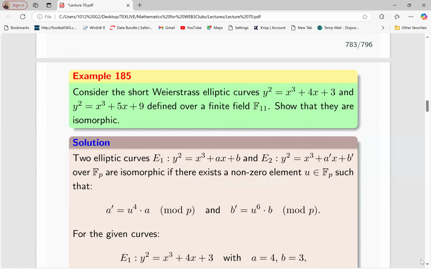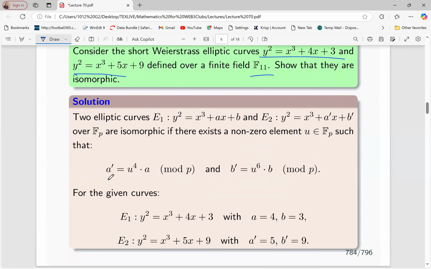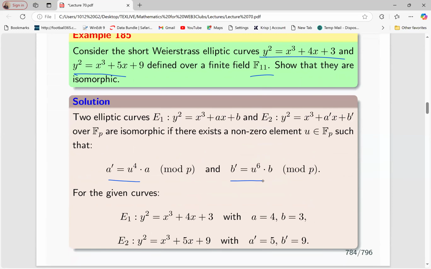And let's look at another example. Consider these two curves, and we want to see whether these two curves are isomorphic. We are doing it mod 11. So of course, we're just using our formula. And our formulas are here. So we want to see if a u exists such that u raised to 4 times a.